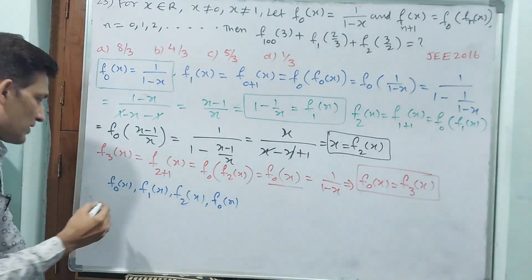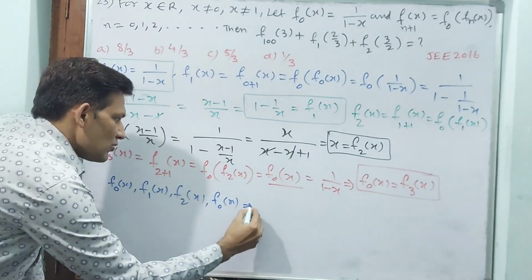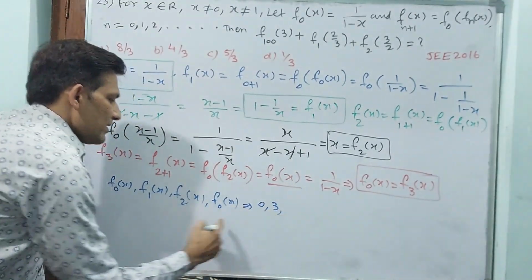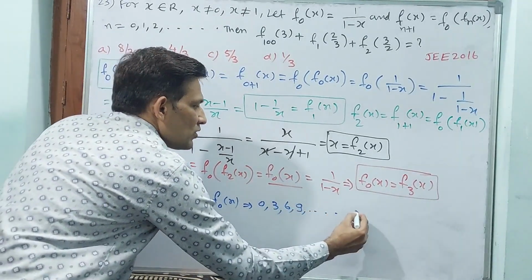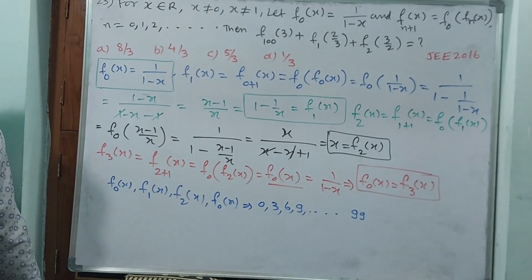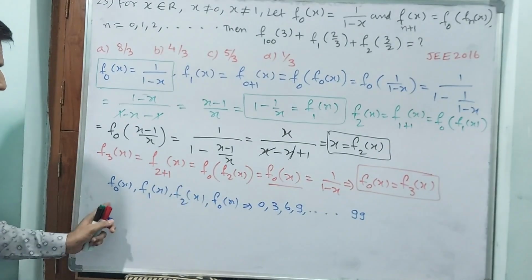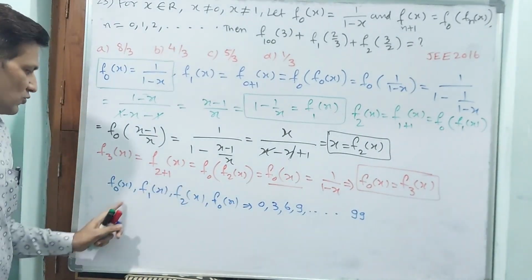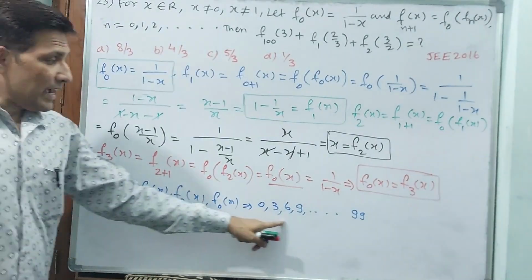That means after 0, 3 is repeating, after 3, 6 is repeating, after 6, 9 is repeating, it goes up to 99. That is why I say 3 will not be there, again 0 is coming. That means 0, 1, 2, afterwards 3 is coming, 3 means 0, 1. Like this up to 99.